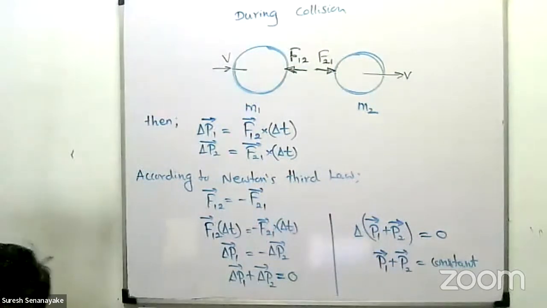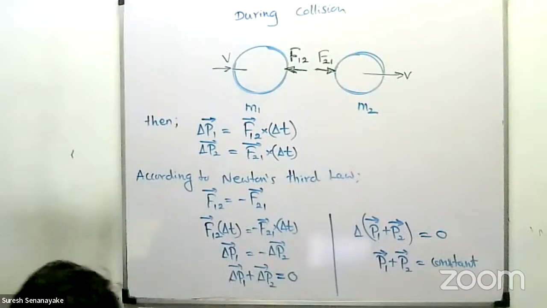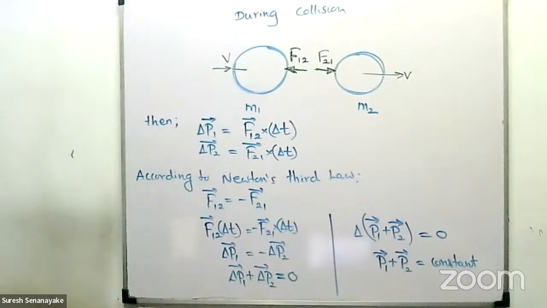I will then write after that, right? Thus during collision, the linear momentum of the colliding bodies together remains constant, even though the forces vary in a complex manner.